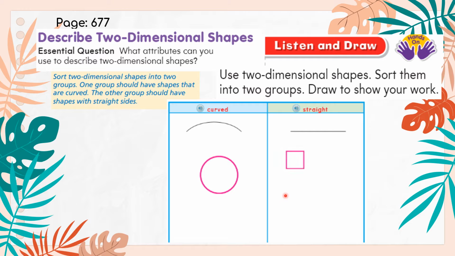So it could be a square, because you can see it only has straight lines. What else? It's a rectangle. We can draw a rectangle as well, and you can see a rectangle has straight lines. There are no curves in a rectangle. And you can draw a triangle as well, because I see that a triangle has only straight sides as well.